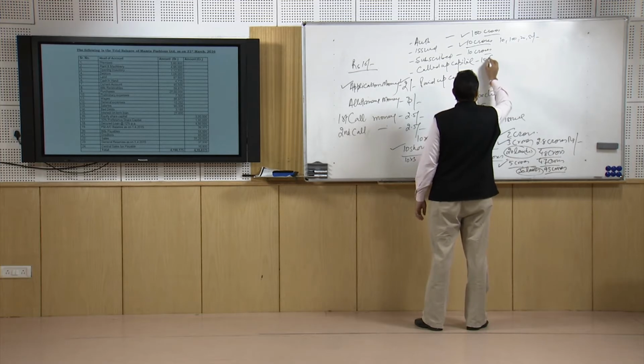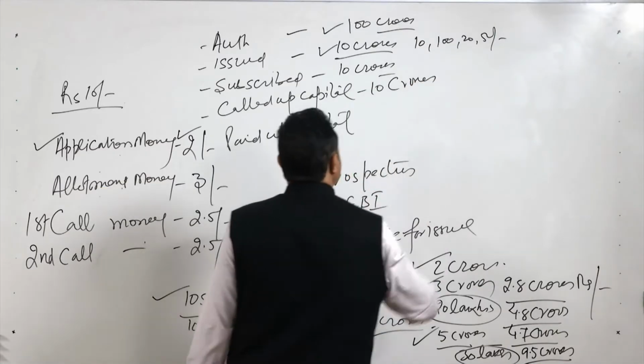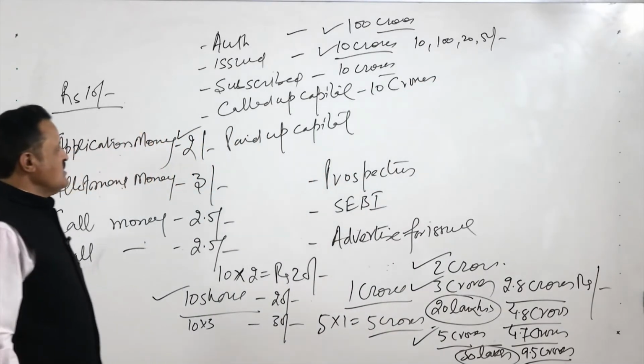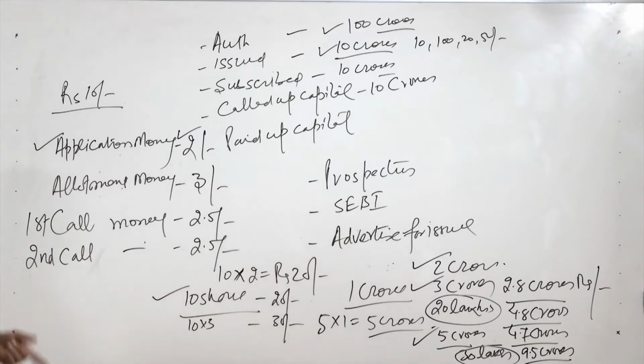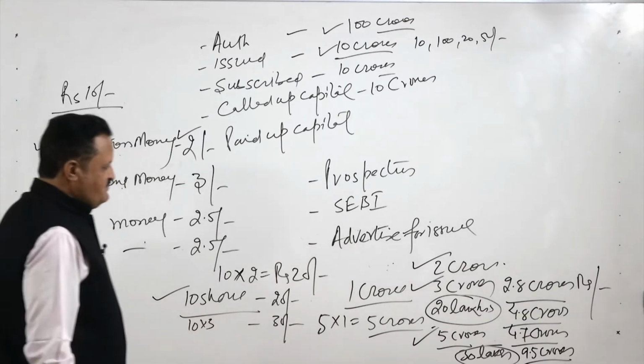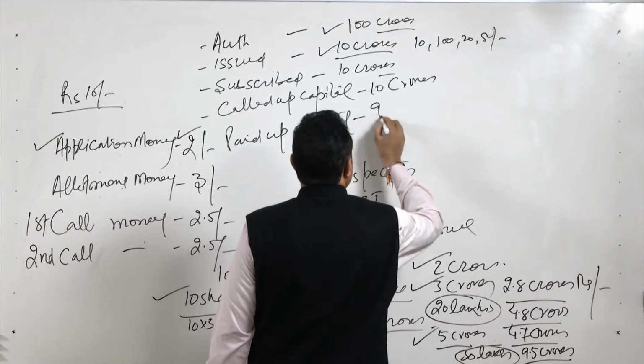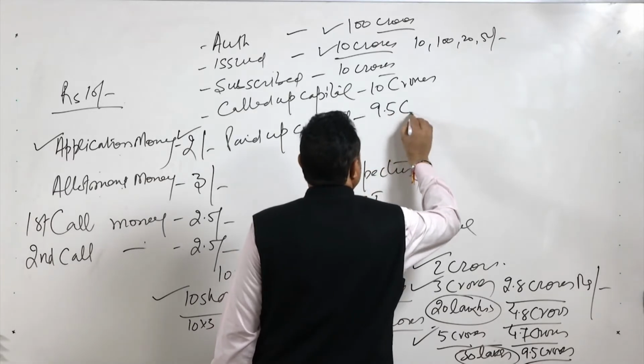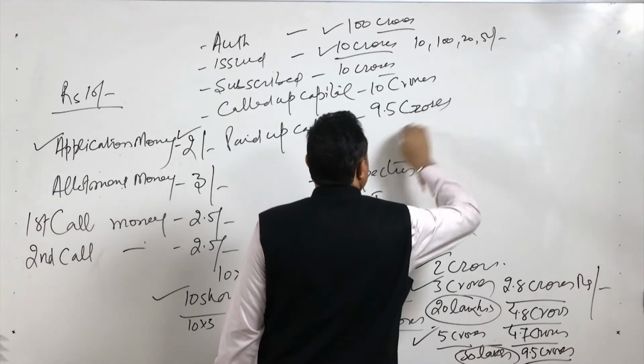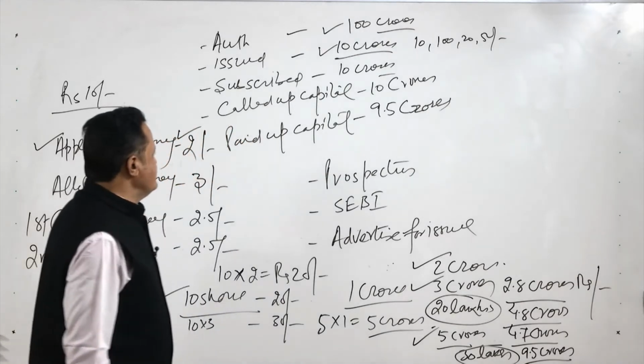So the called up capital will also become 10 crores. Called up capital is also 10 crores. But how much have people paid? People have paid only 9.5 crores.